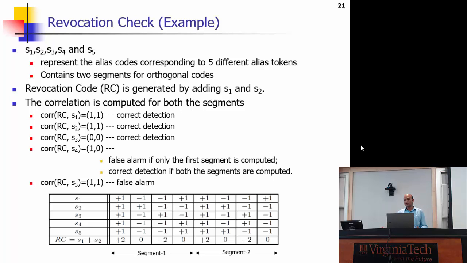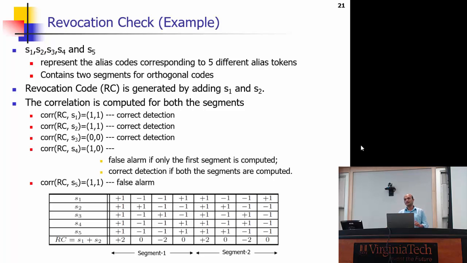Now the regulator wants to revoke S1 and S2. So the revocation code RC is the sum of S1 and S2. Now if you compute the correlation of this RC with each of S1, S2, S3, S4 and S5, and compute the correlation of both segments separately, you will see correct detection for S1, S2 as well as S3.